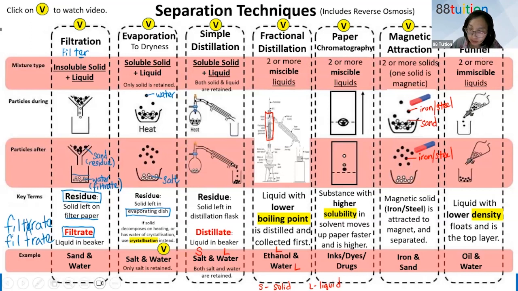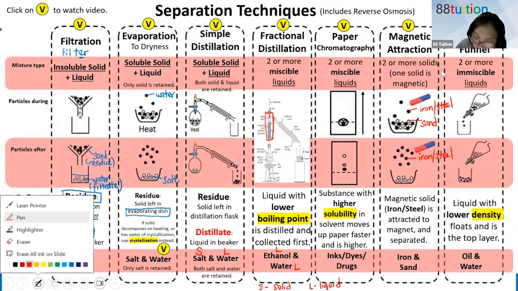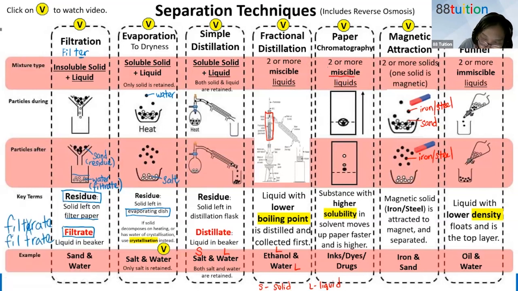Okay, next, the separating funnel. Oil and water are immiscible. Miscible means can mix very well, so you only see one layer. Immiscible means cannot mix well.